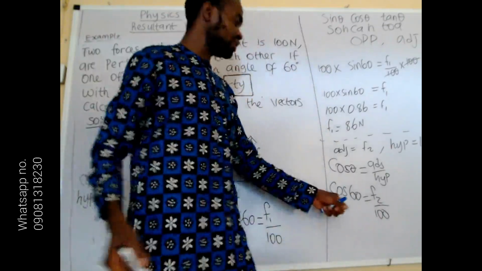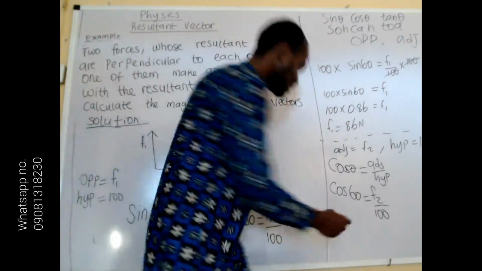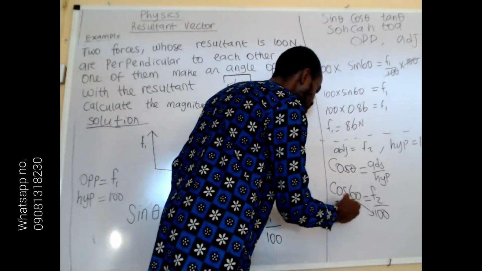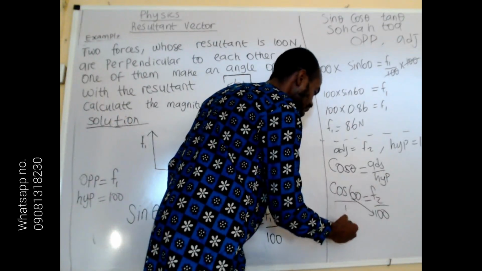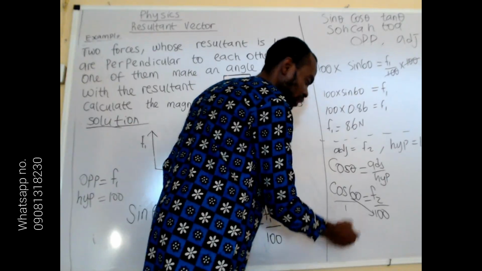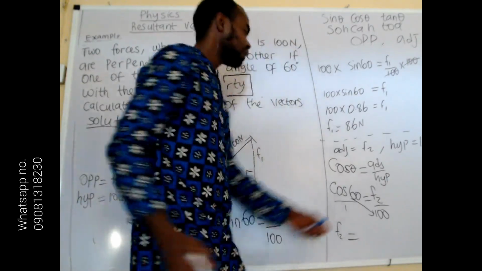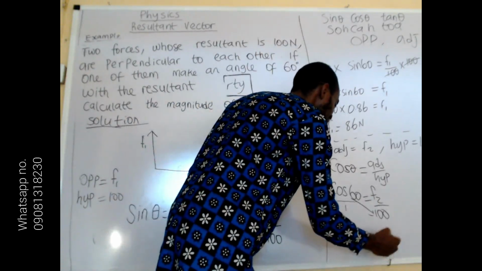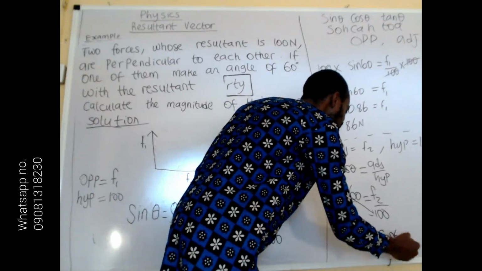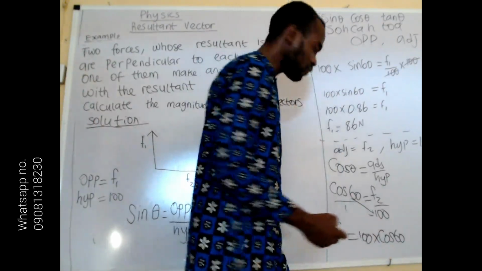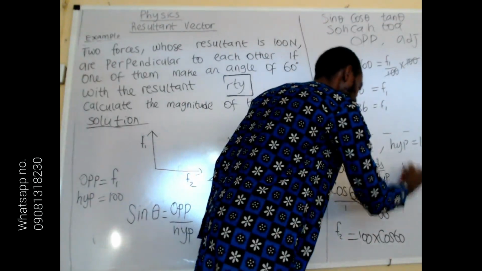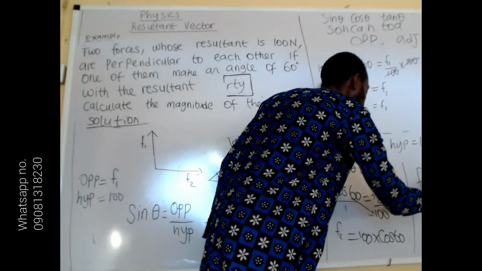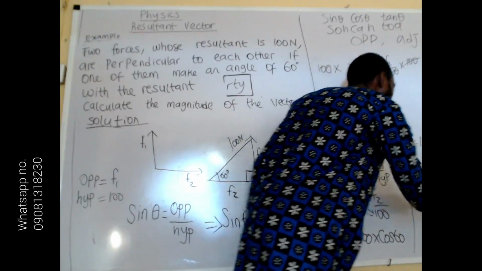Another way of doing this, you can cross multiply. This is still over 1, so it will now be F2 times 1, which is F2, and 100 times cos 60. So F2 is equal to 100 cos 60.